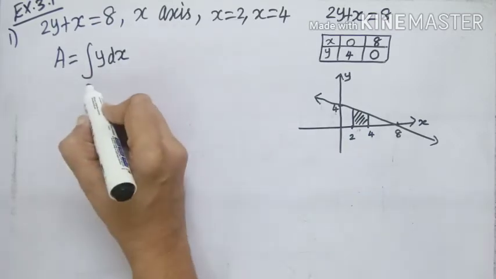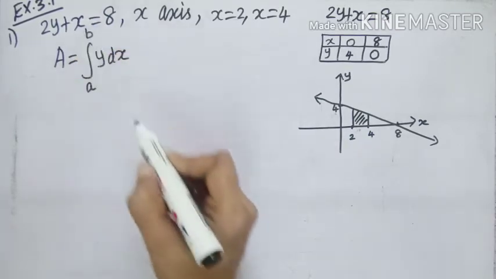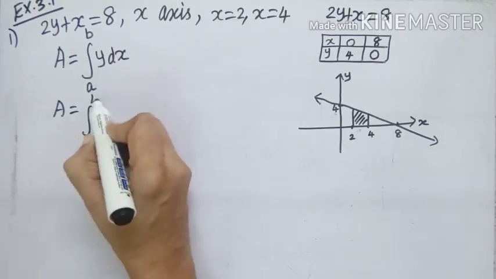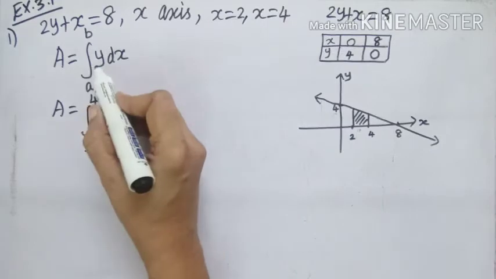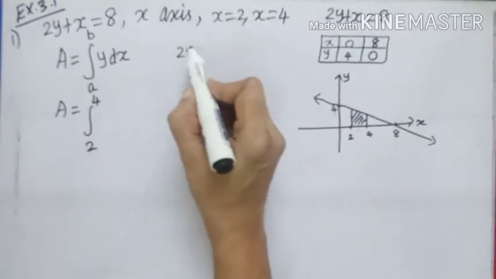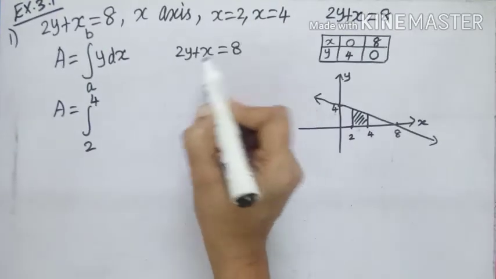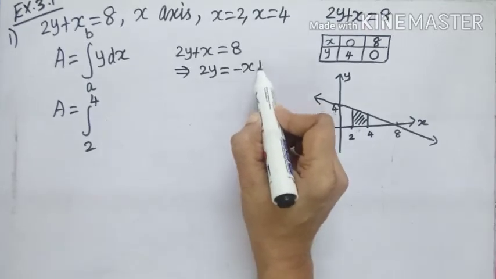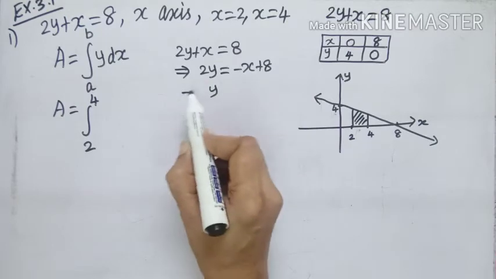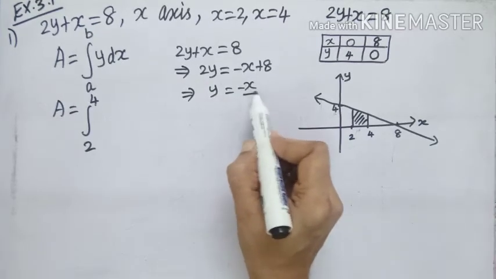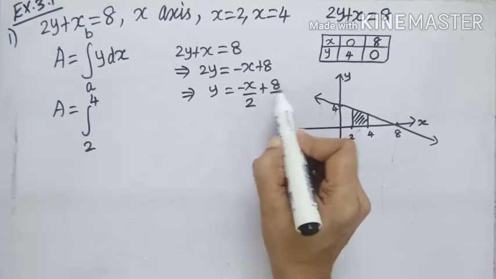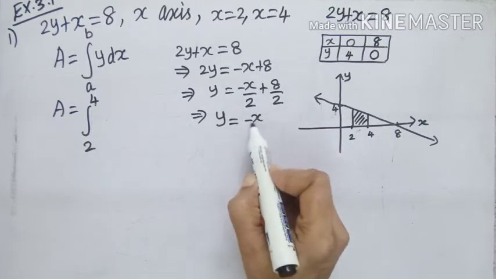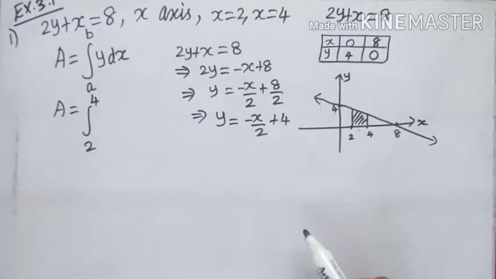The limits are a to b in the formula, but in the question it is from 2 to 4. What is y from here? 2y plus x equal to 8 implies 2y equal to minus x plus 8, or y equal to minus x by 2 plus 8 by 2, or I get y equal to minus x by 2 plus 4.